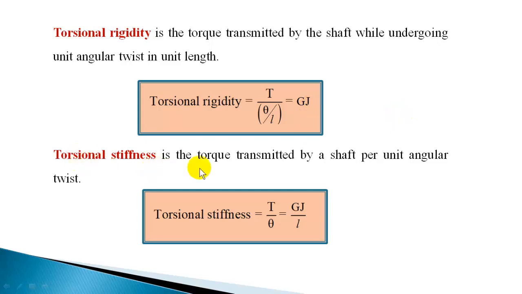Whereas torsional stiffness is the torque transmitted by a shaft per unit angular twist. While the shaft undergoes unit angular twist, how much torque can it transmit? It is material specific and shaft specific.